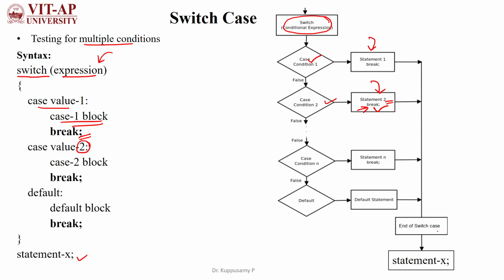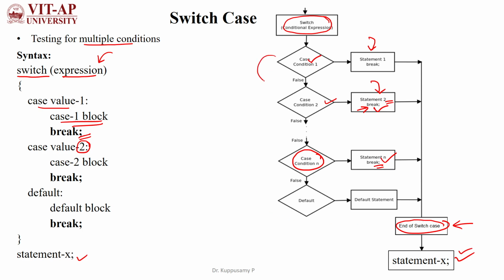Then it will end the switch case and come to statement X. Otherwise, if case n is true, then this n block will execute, break that n block, and come to the end of the switch case, then come out of the switch case.